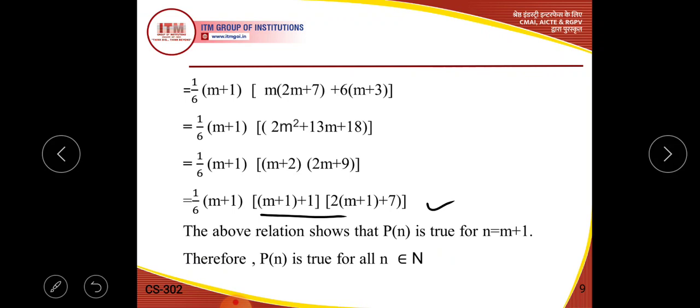Thus the above relation shows that P of n is true for n equals m plus 1. Therefore, P of n is true for all n belonging to capital N. So this is the example which is based on mathematical induction.